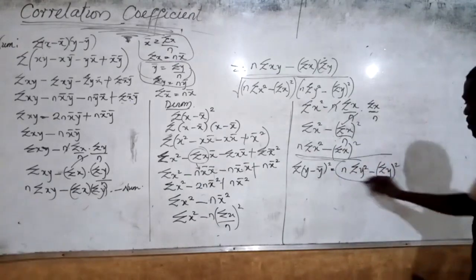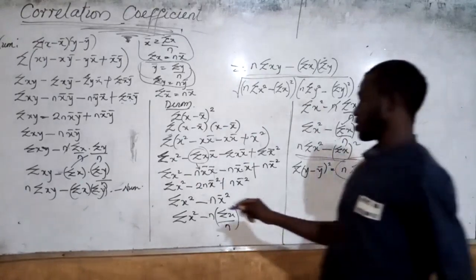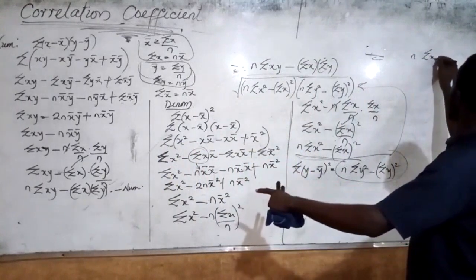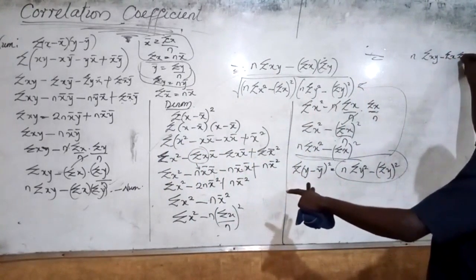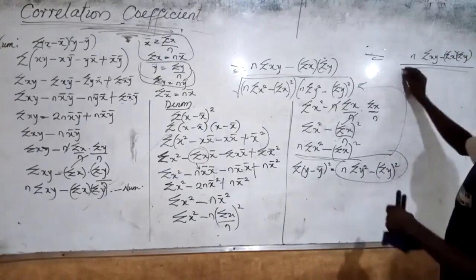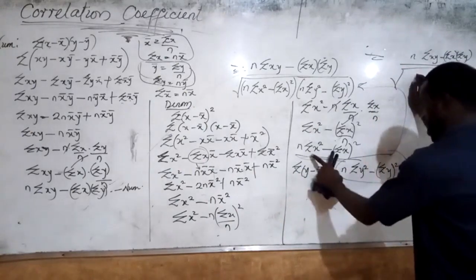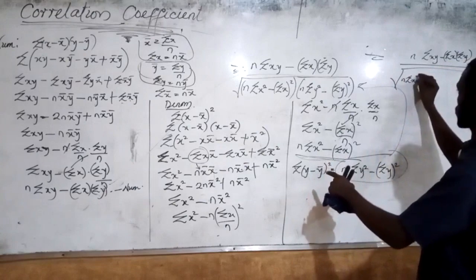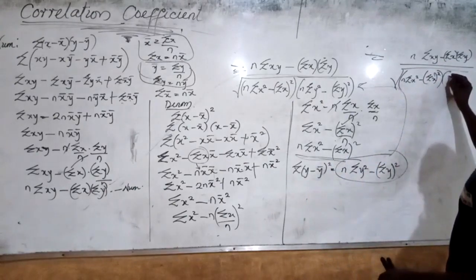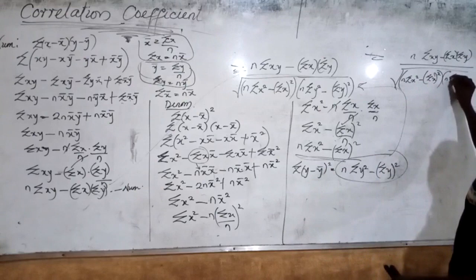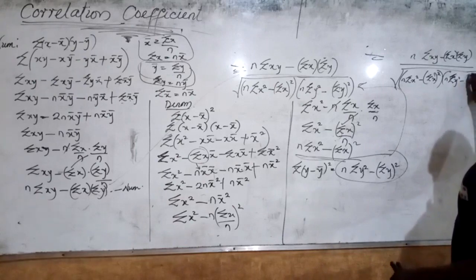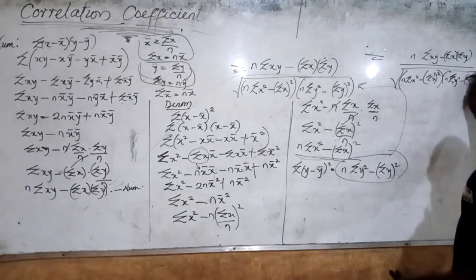So notice this is now equal to this, and this is now equal to this, so that we have our expression to be n summation xy minus summation x summation y separately, all over the square root of what we had here, n summation x squared minus summation of x all squared, all into the bracket, then we repeat the same expression, minus summation of y all squared, and close the bracket.